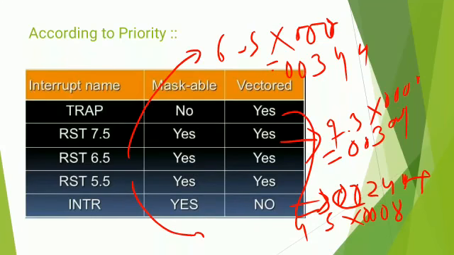And RST 5.5 is multiplied with 0008H, we will get 002CH. And similarly, all the vector addresses are calculated by multiplying the RST value with 008H.